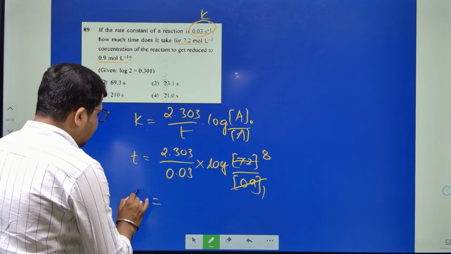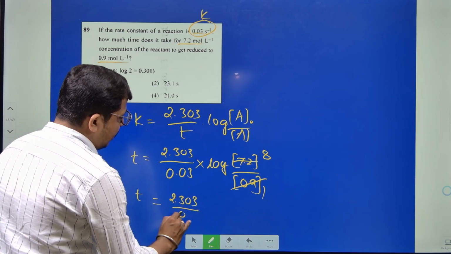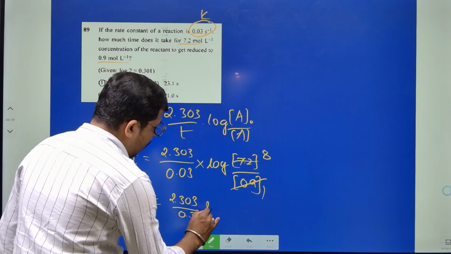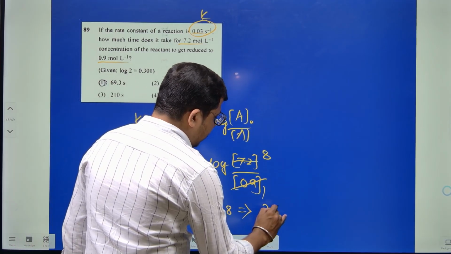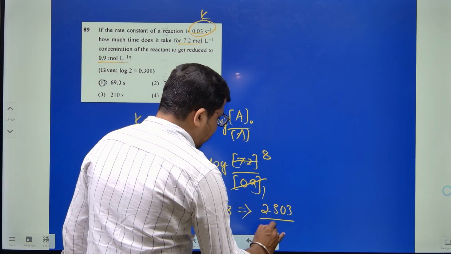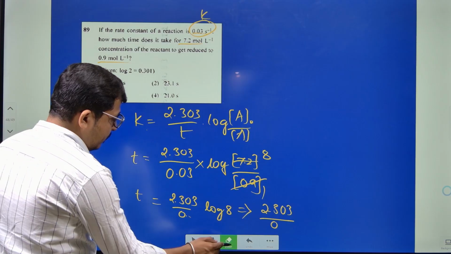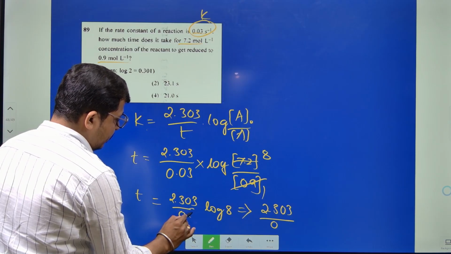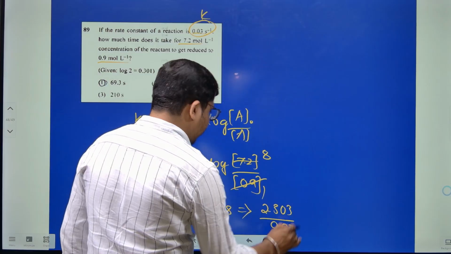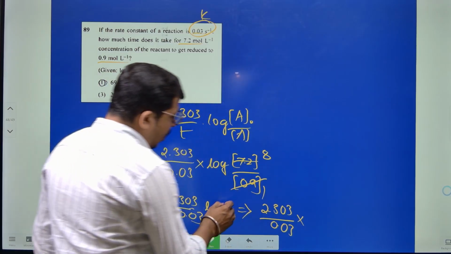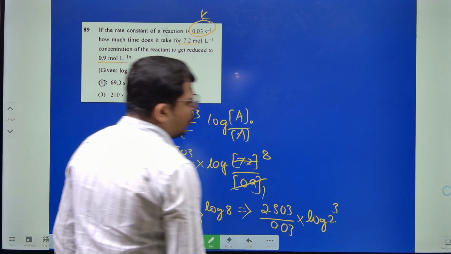So the answer will be t is equal to 2.303 divided by 0.03 into log of 8. 8 can be written as 2 cube.